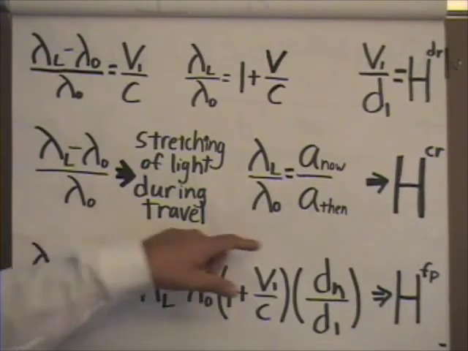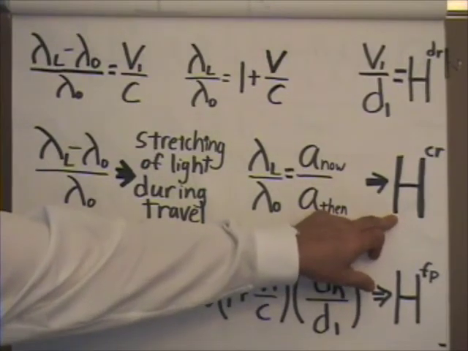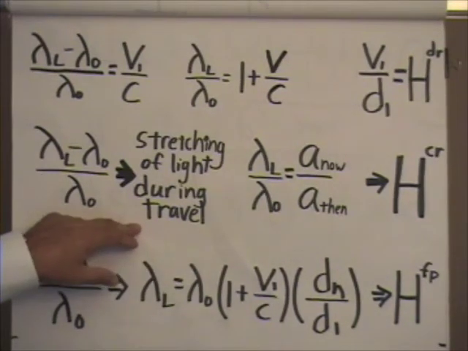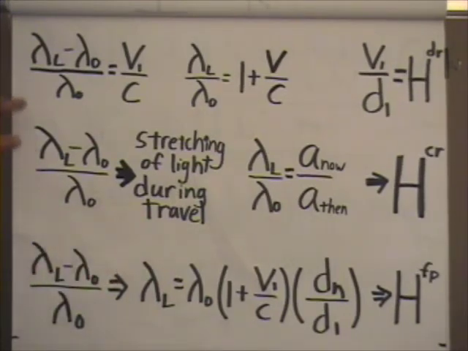If it turns out that the value of H calculated using the cosmological redshift formula gives the best fit with other observed data, that would mean that there is stretching of light during travel, but there is no Doppler redshift component, meaning that the galaxy has no recessional velocity relative to the Earth, but rather is being held at a constant relative distance by some gravitational forces or by some other forces which have so far yet to be discovered or labeled.